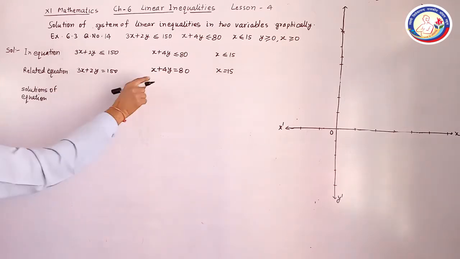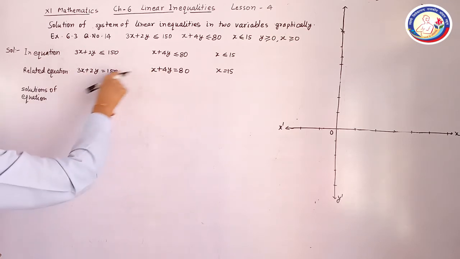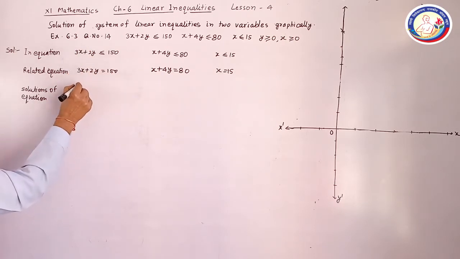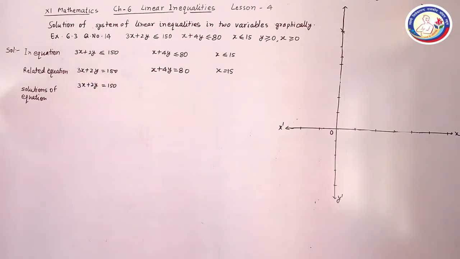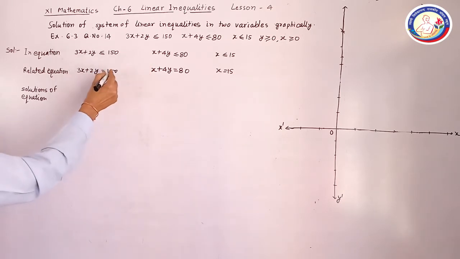Now find 2 solutions of these equations. We can draw the graph of these equations. So we can change this 3x plus 2y equal to 150. This can be written as intercept form by dividing all by 150.